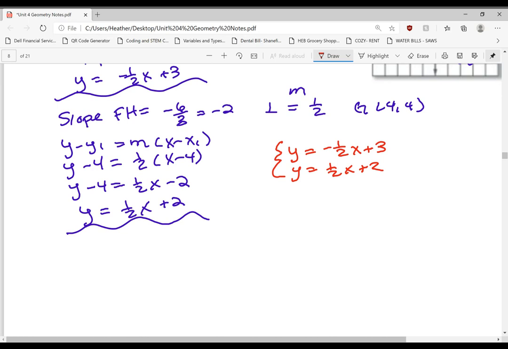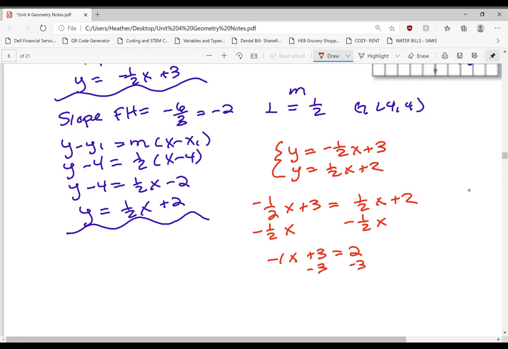Since they are both equal to y, I can set them equal to each other. Negative 1/2 x plus 3 is equal to 1/2 x plus 2. Subtract 1/2 x from both sides, and I get negative 1x plus 3 is equal to 2. Subtract 3, and I get negative 1x is equal to negative 1. Divide by negative 1, I get x is equal to 1.